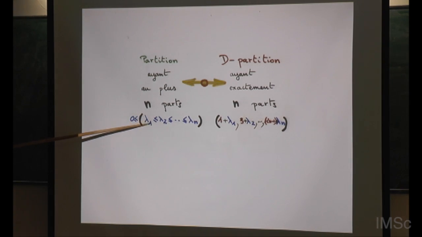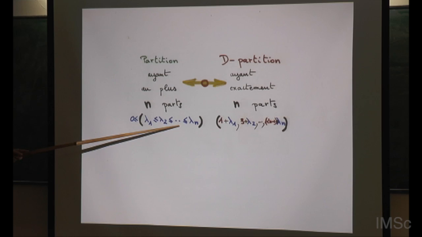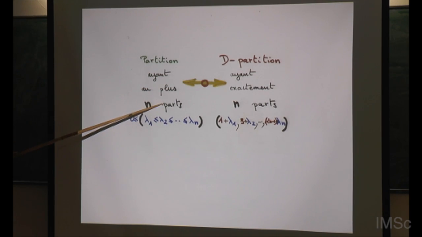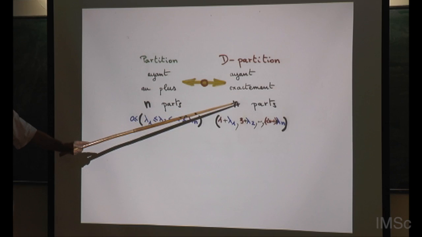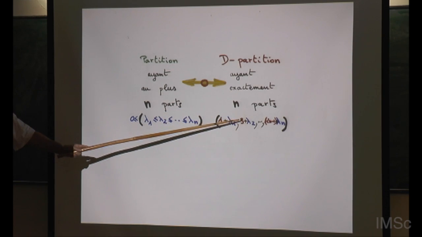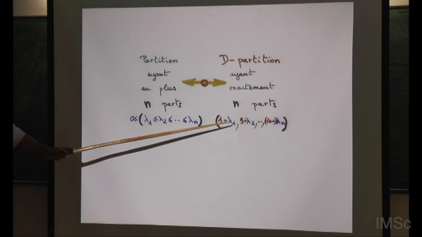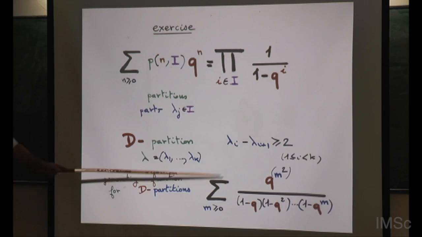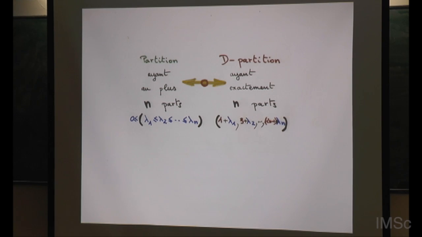The q power, the number of cells, is going to increase. There is a bijection between partitions with at most n parts and D-partitions with exactly n parts. And there is an extra weight, q power something, 1 plus 3 plus etc., which will give you this coefficient. There is a shift in the bijection. I don't say more, but I'll try to prove this exercise.